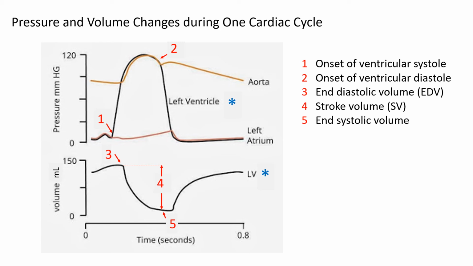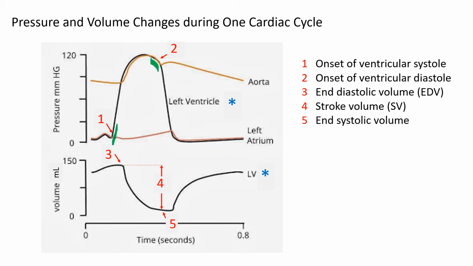So at point number 1, this is when ventricular systole begins. And I wish I could make that arrow actually a little more precise. As soon as this line starts to go up, we know the ventricle has started to contract because the pressure is rising. At point 2, this is the beginning of ventricular diastole, or the onset of the relaxation period. The ventricles will relax, and that causes the pressure in the ventricles to decline.